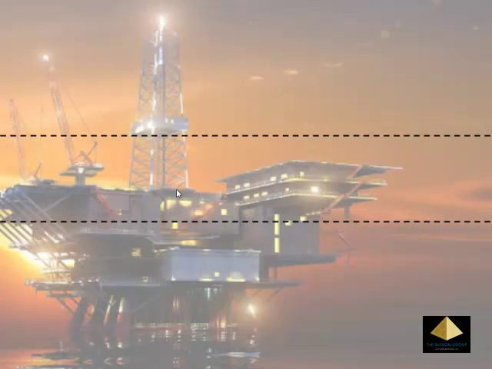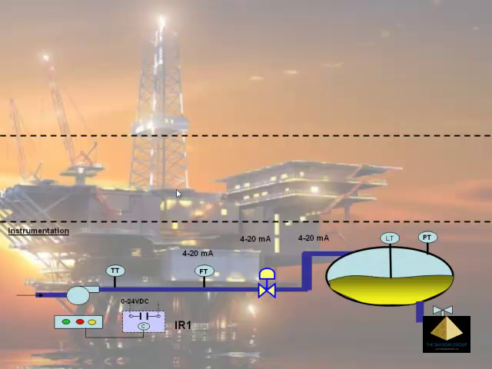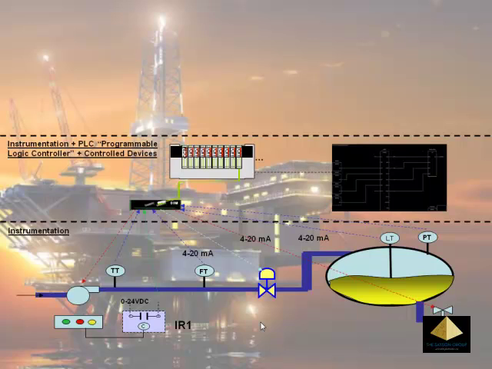Now, there are three layers in this instrumentation and control. The first layer is the instrumentation. As mentioned in the previous page, the instrumentation will actually be connected to the next layer, which is the PLC layer.